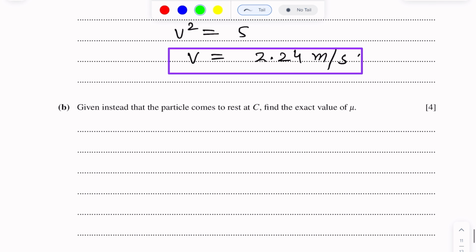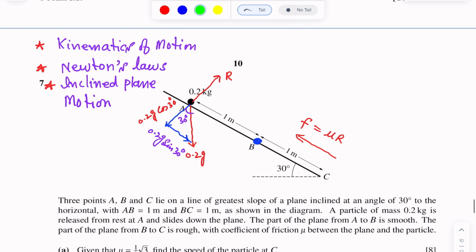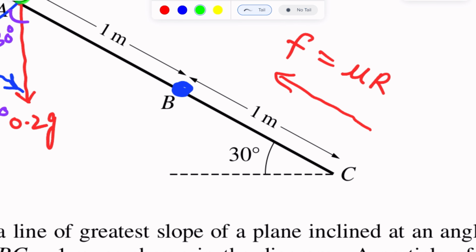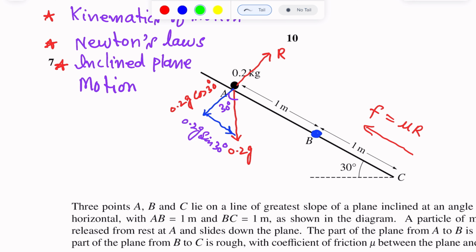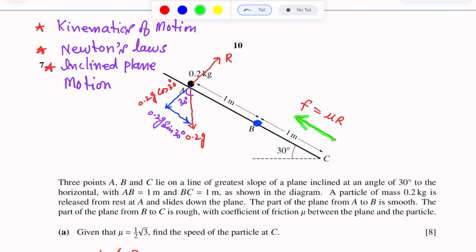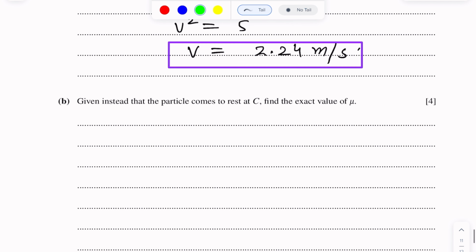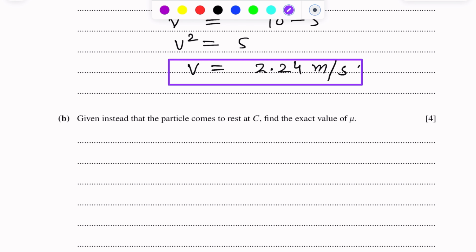First, acceleration. Again, two forces are acting on this particle. One force is the component of the weight acting along the plane, and the other force that opposes the motion, that is mu R. So we are finding first the acceleration using Newton's second law of motion: mg sine 30 degree minus mu R is equal to ma.